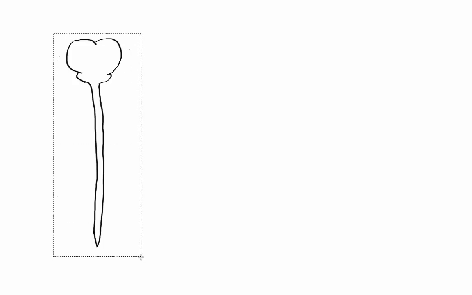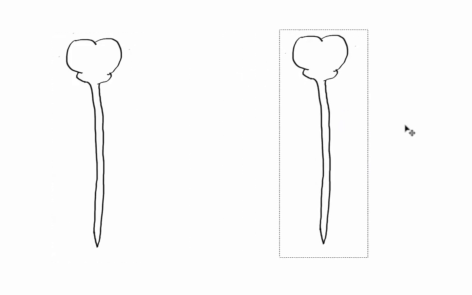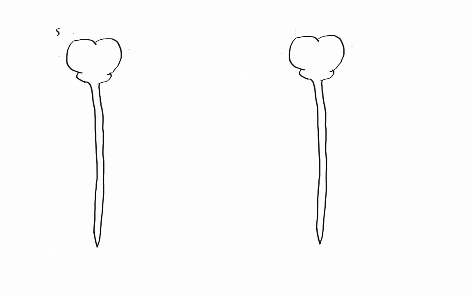Now let's take a closer look at the functions of the sympathetic and parasympathetic system. So I'm going to draw the sympathetic division on the left side and the parasympathetic division on the right side. But first, let's quickly talk about the types of neurons that we find in both of these divisions.